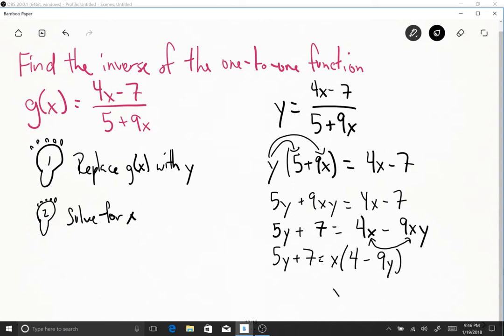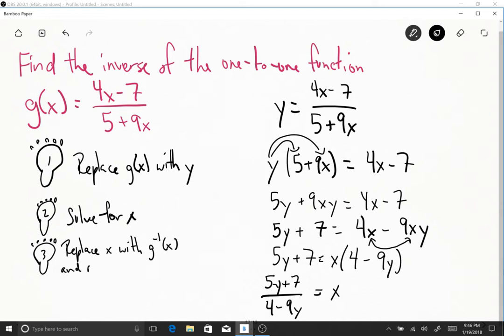Now, in order to solve for x, all we do is just divide both sides. So we get x equals 5y plus 7 divided by 4 minus 9y. And that brings us to step 3, because we have solved for x now. And in this case, instead of f of x, we're going to replace x with the inverse of g of x.